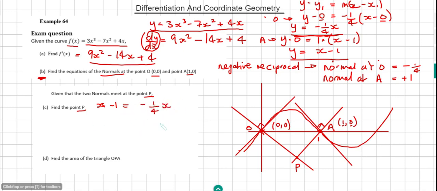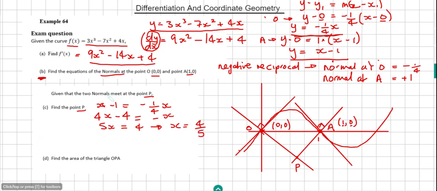I'm going to multiply through by 4, so I've got 4x minus 4 is equal to minus x. Take the x over the other side, that gives me 5x, and set the 4 over, so 5x equals 4. Dividing through by 5, x is equal to 4 over 5.